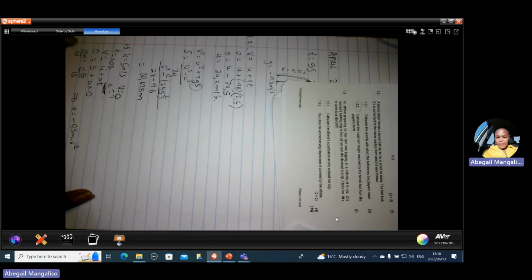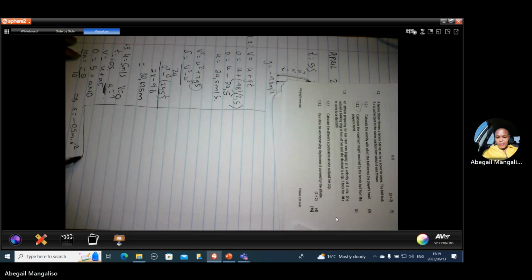Divide both sides by 10. This acceleration will be equal to negative 0.5 meters per second squared. Deceleration is always negative. That is the deceleration. When you calculate acceleration, you always get a positive answer.